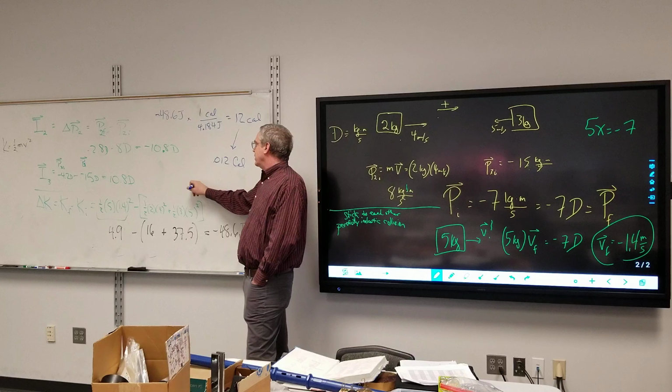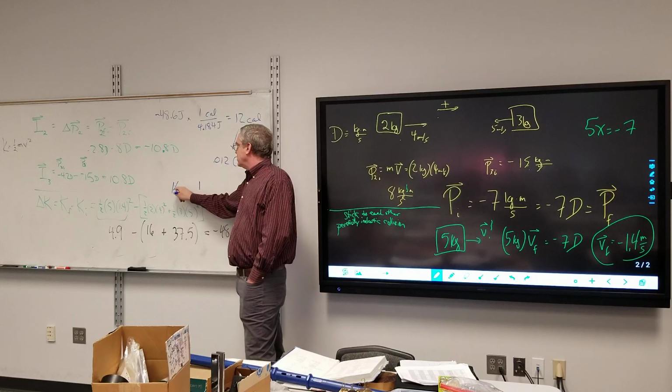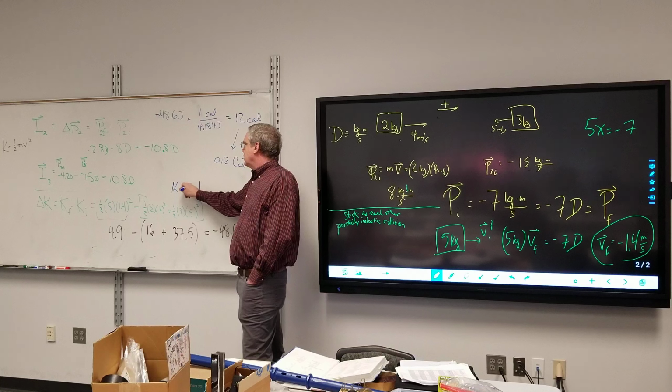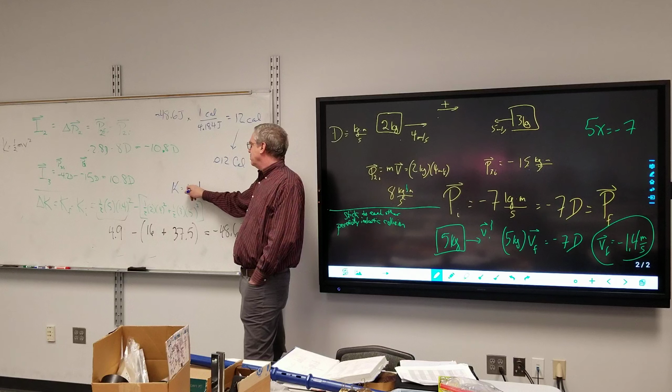There is a temperature kinetic energy relationship. The kinetic energy is equal to, it's either 1/2 or 3/2, like at the moment.